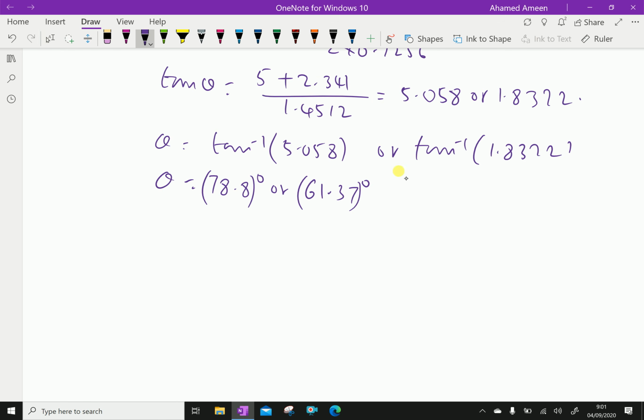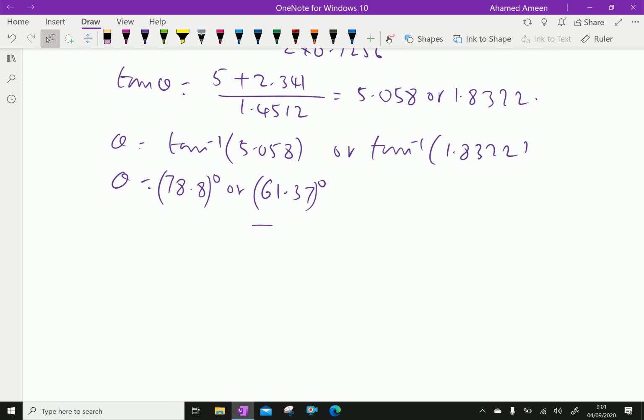This is the first answer: theta, that is the angle of the jet.